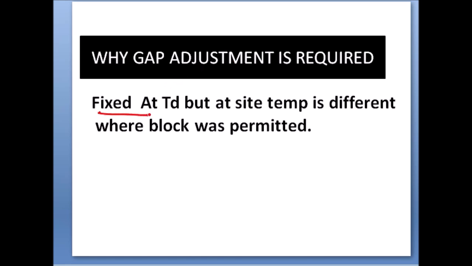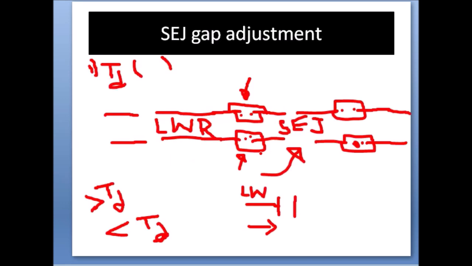Initially, while fixing the SEJ, we assumed that the temperature at site was TD, and based on the TD temperature the position of the tongue rail was fixed. Assume this is our SEJ, from here to here. The joints of the SEJ were temporarily fixed using fish plates.